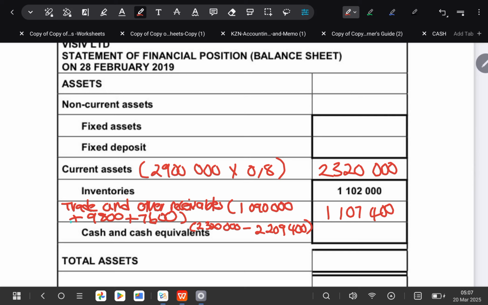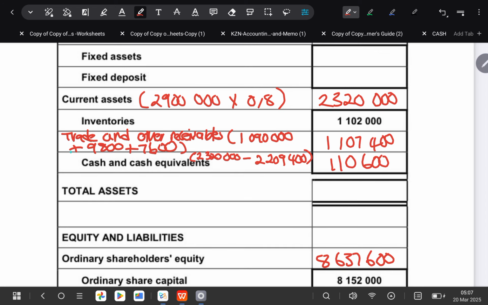So let's get the difference. 2,320,000 minus 2,209,400 is giving us 110,600. So our cash and cash equivalent is 110,600. So you are done with your current assets.